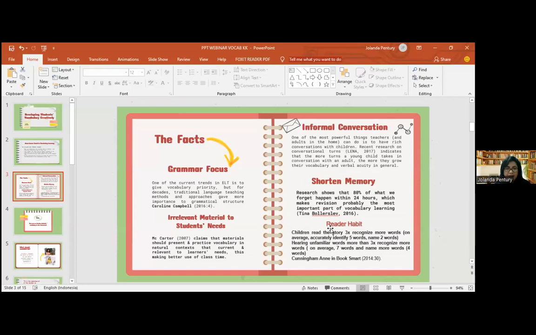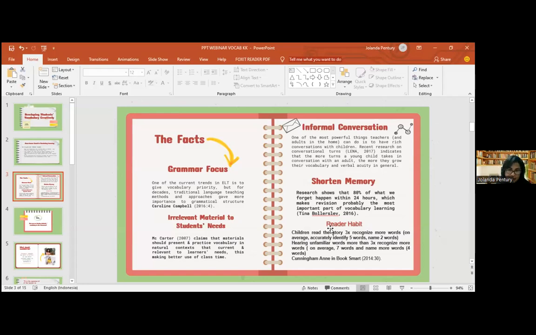But in fact, for decades, traditional language teaching methods and approaches gave more importance to grammatical structure, according to Caroline Campbell. So, Bapak Ibu, in our learning and teaching, we usually focus on grammar, then focus on vocabulary.